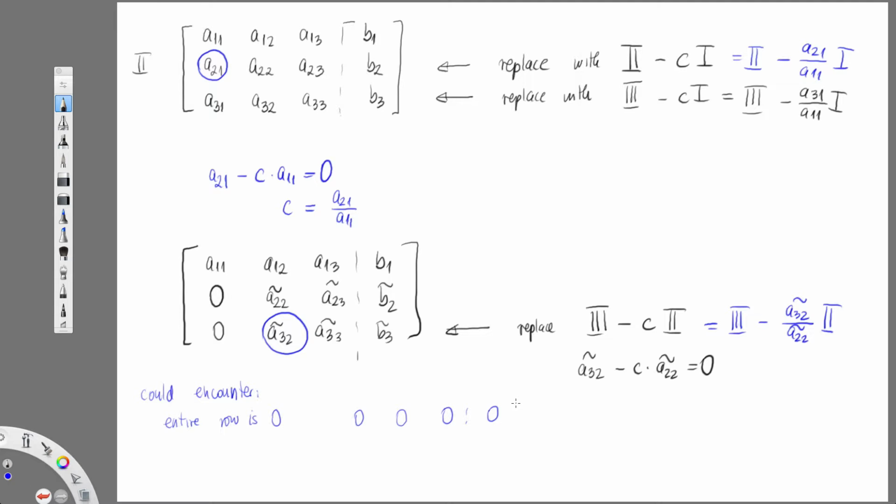This means that one of the rows was a linear combination of the others. So one of the equations is simply not bringing any new information, so I don't have a unique solution.